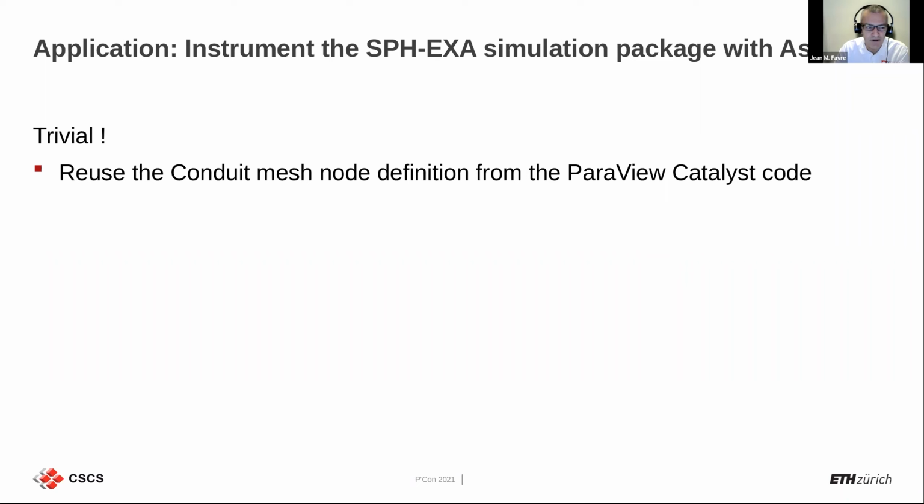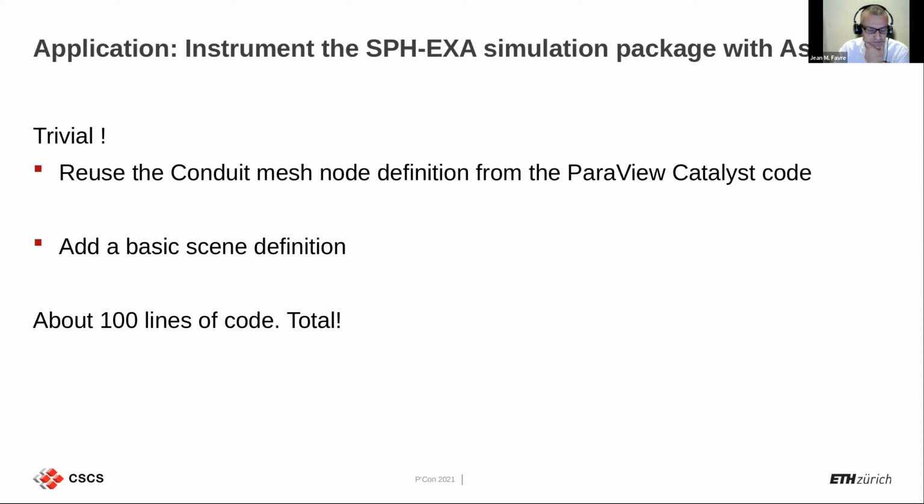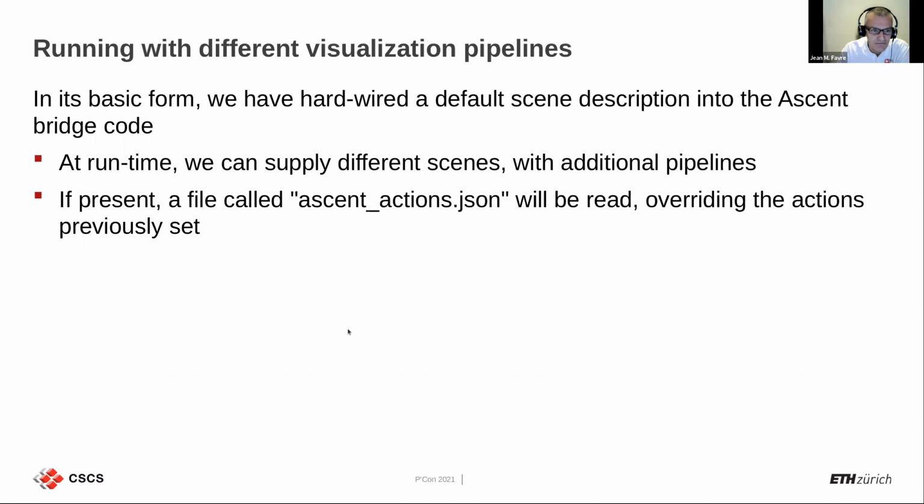So the first thing was to provide the Conduit mesh node definition, which I reused from the ParaView-Catalyst code. And then I add a basic scene definition. In total, and that's the good news again, I have about 100 lines of code to interface SPH-EXA with Ascent.